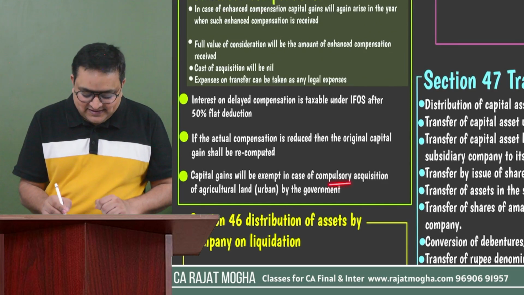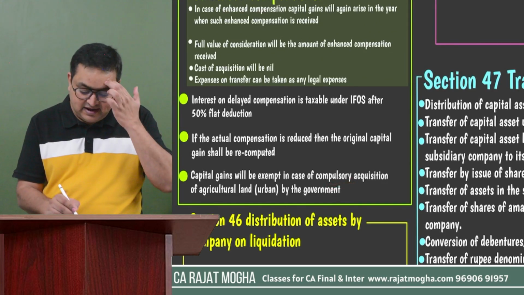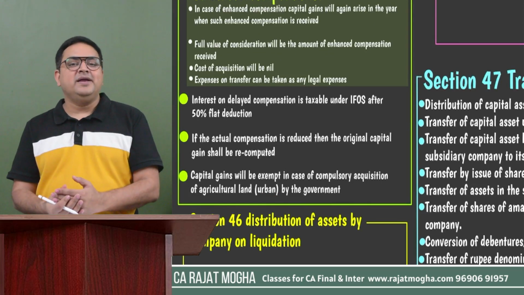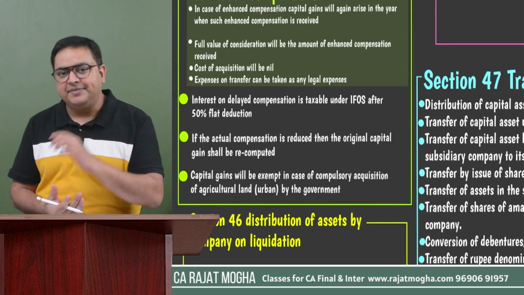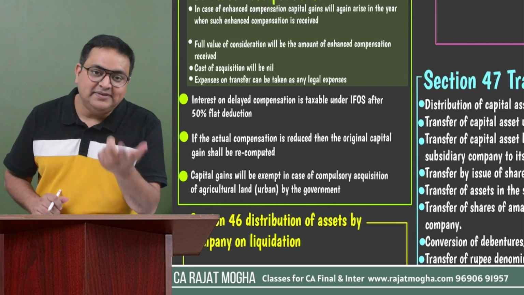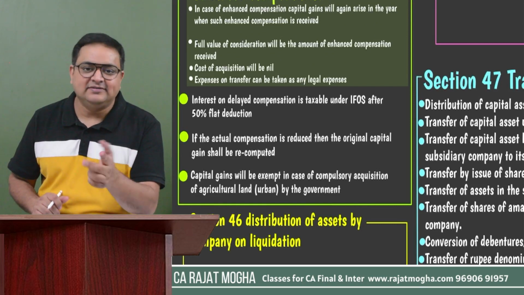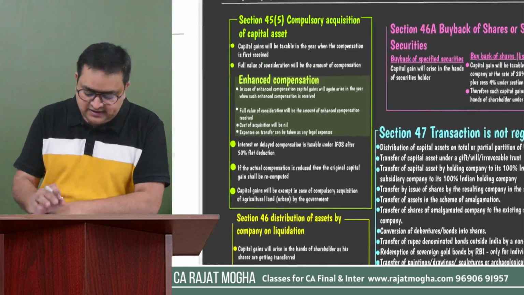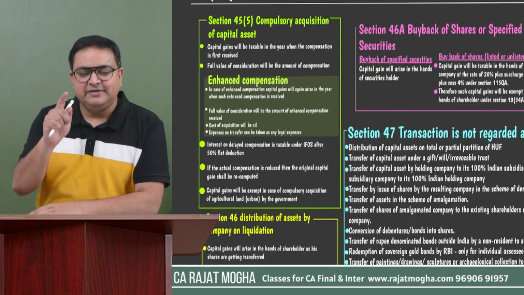Although I have discussed this, see, urban agriculture land is a capital asset. So if you are selling your urban agriculture land voluntarily, then capital gain will arise. But if the urban agriculture land is compulsorily acquired, in that case it will be exempt under section 10. So please remember this point.